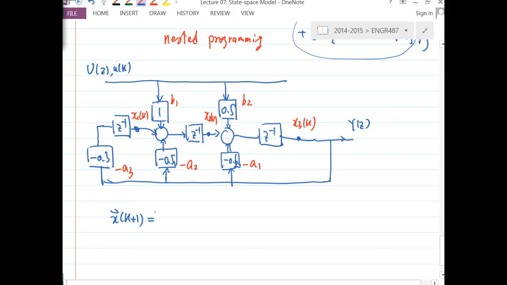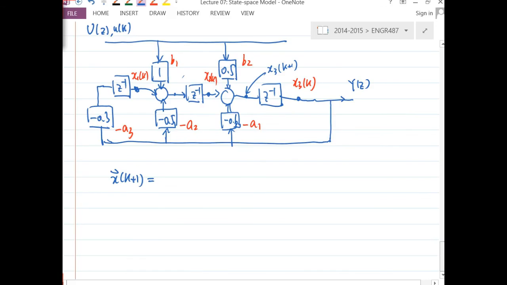So if this is x3, then what will this signal here be? x3 of k plus 1. Same thing, this will be x2 of k plus 1, and this will be x1 of k plus 1.